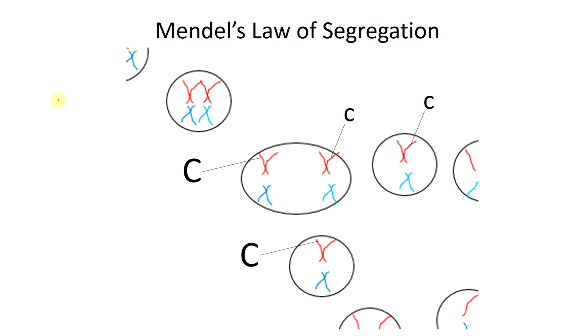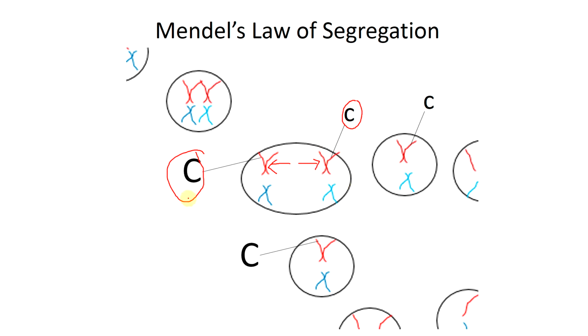What we see is Mendel's law of segregation in action. In this case, if this is Maud and Maud is heterozygous, when her cells go through meiosis, one of the homologous pair has the big C, the other has a little c, and that pair separates during anaphase I of meiosis.